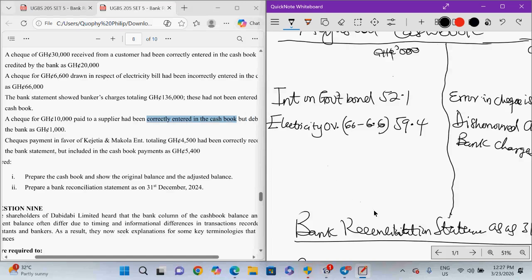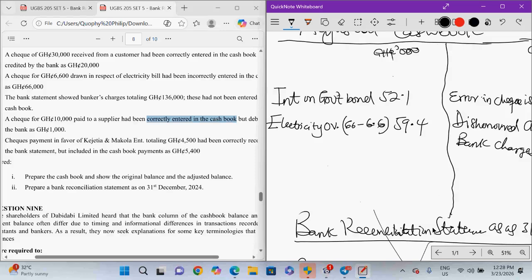So this is an error affecting the bank reconciliation. It's not all errors that affect the bank reconciliation only. Some of the errors would affect the cash book. So it is up to you to read and see whether it has been corrected already in one of them. Then it means that it has not been corrected in the other. Then you send it there, right? So you have to read it carefully.